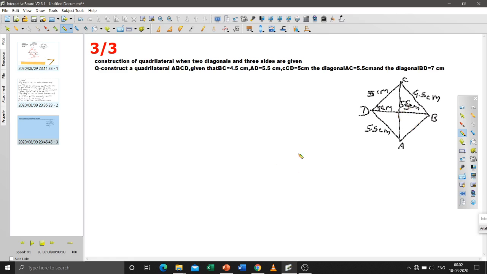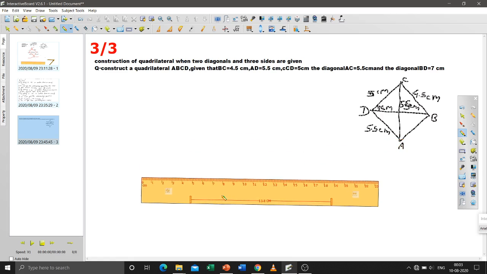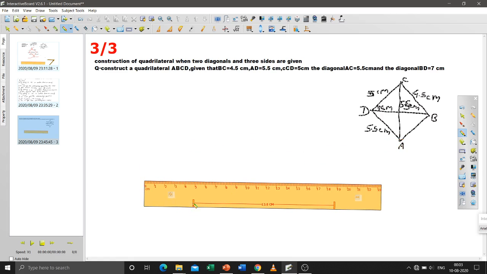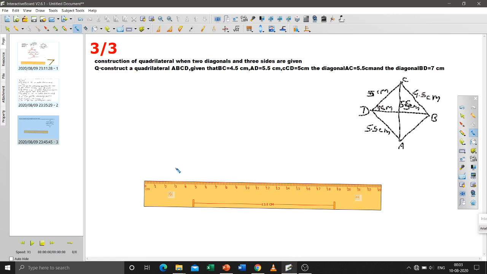So first of all, we'll draw the diagram. One of the diagonals we will draw. Let us draw the diagonal AC first. With the help of a scale, we'll draw the line segment AC of 5.5 centimeter.